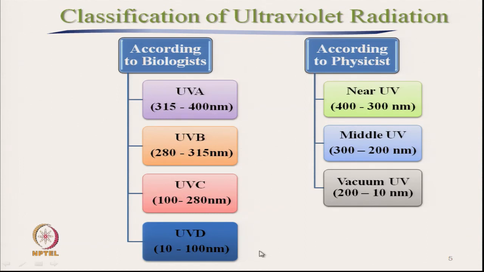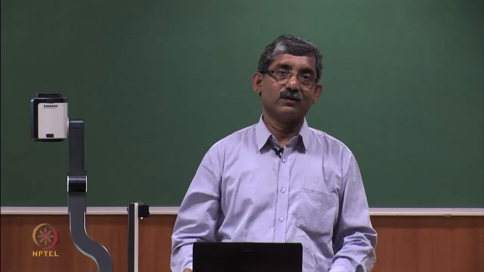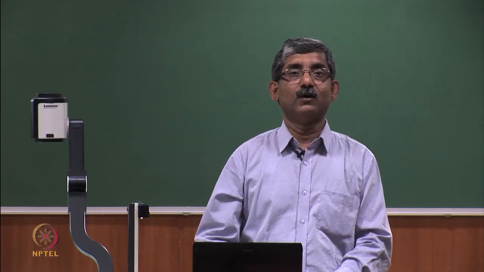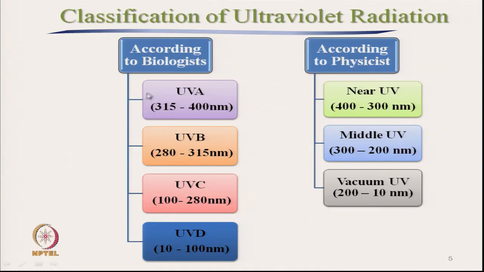Effectively UVC and UVD normally get absorbed by the ozone layer, whereas the UV ray with higher wavelength penetrates through the ozone layer, and effectively UVA, with the highest wavelength in this spectrum, does not get absorbed by the ozone layer, it enters the earth surface.